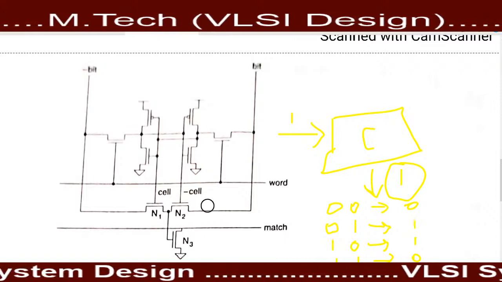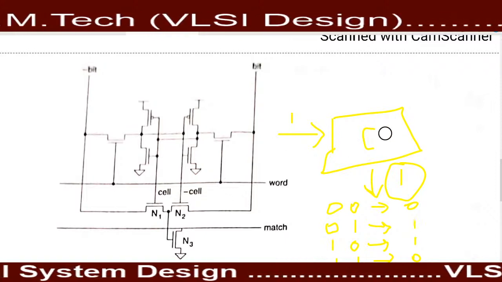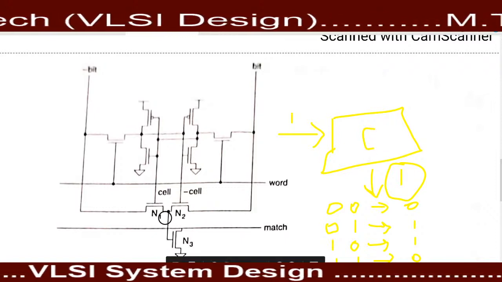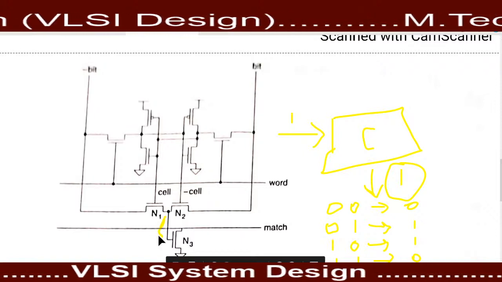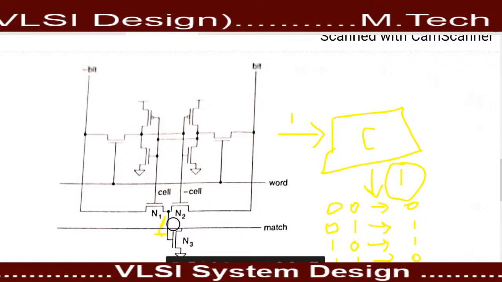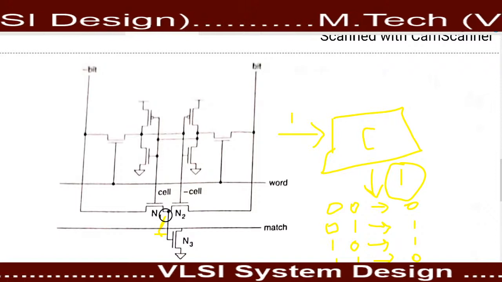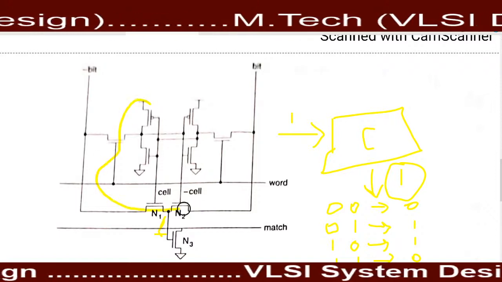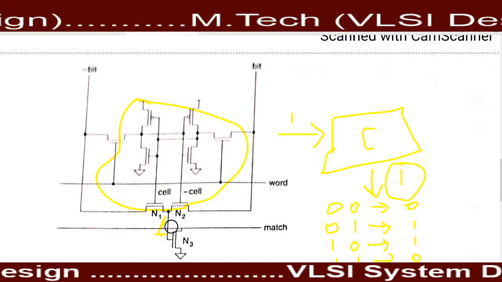We get the output of this XOR gate from the combination of N1 and N2 along with this whole structure.